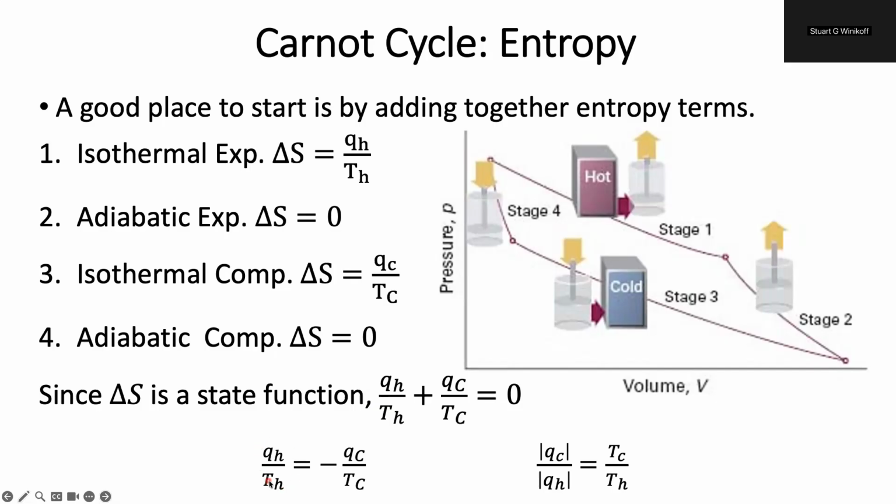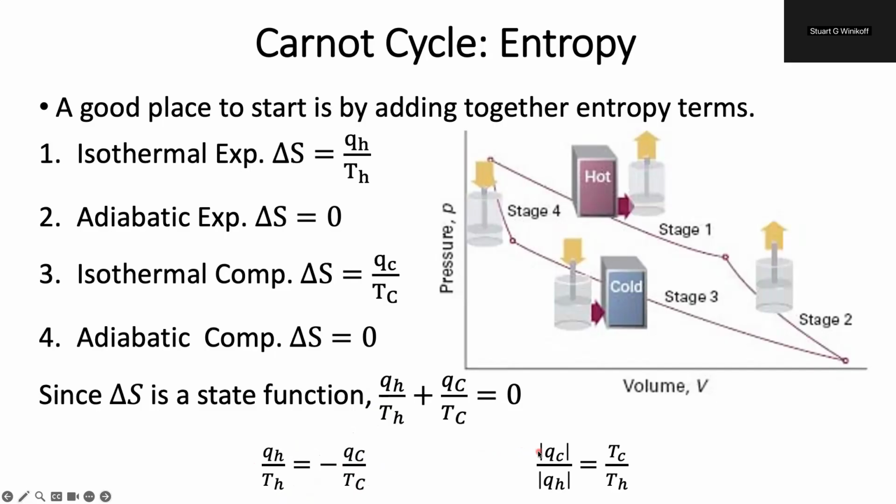So the ratio of the hot heat and hot temperature should be the same magnitude, but the opposite sign of the cold heat and cold temperature. Now we can also rewrite this to get the ratio of the heats to each other and compare that to the temps.